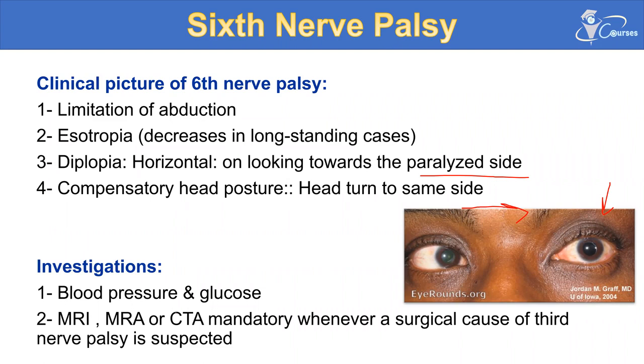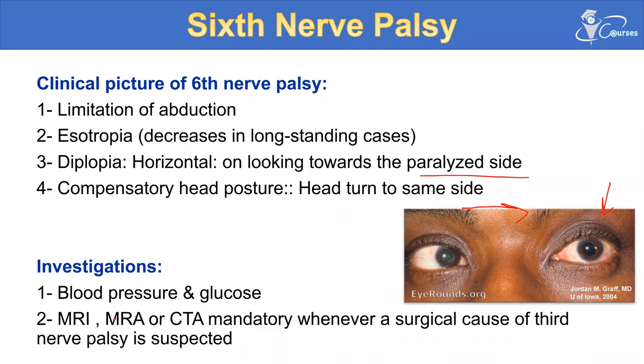This is just like the third nerve. We just do MRI in order to exclude any cause of increased intracranial tension. And now let me ask you, do you remember when we discussed papilledema, we said that patients with papilledema can present with headache and they can present with horizontal diplopia due to sixth nerve palsy.